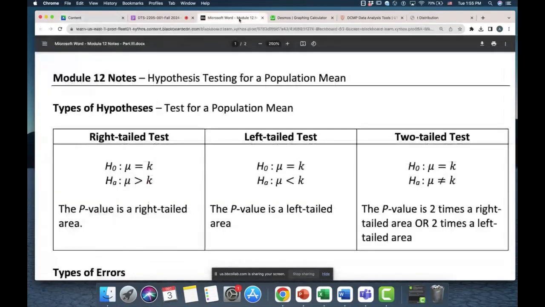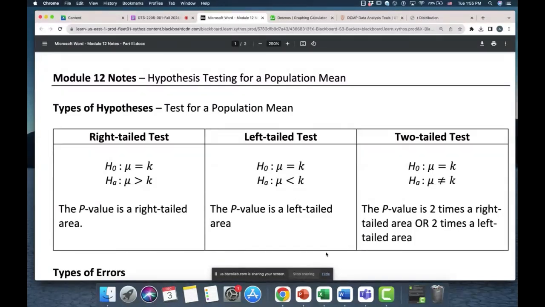In the notes here, you'll see that we're going to perform hypothesis tests similar to what we did before with proportions. The type of test will be based on the inequality symbol in the alternative hypothesis, and we have the right-tailed, left-tailed, and two-tailed tests. And the difference now is that the hypotheses will be statements about a population mean.